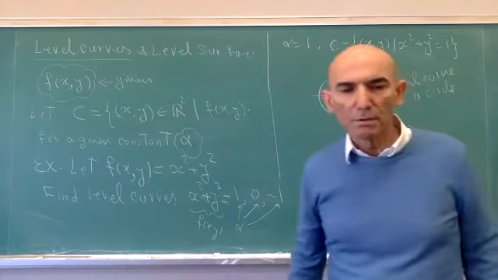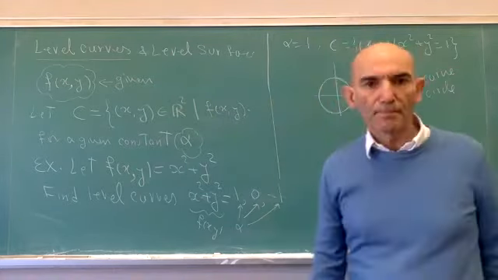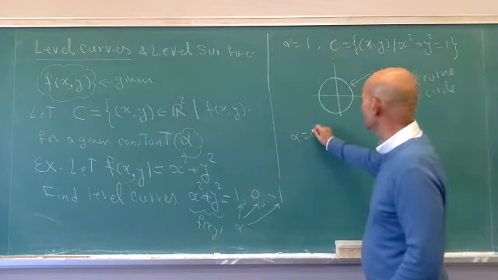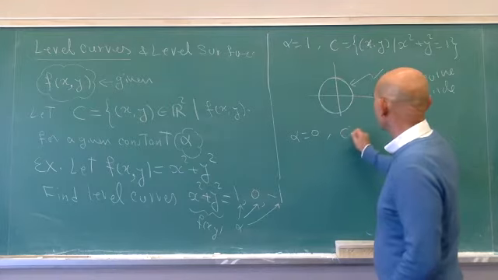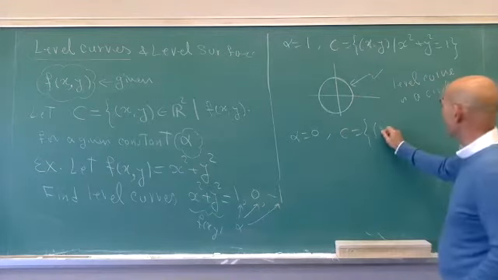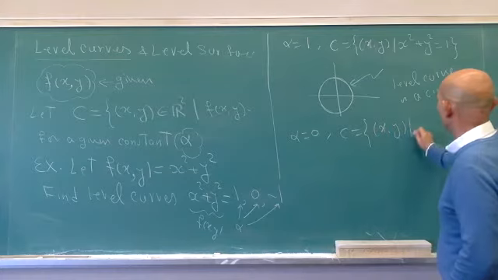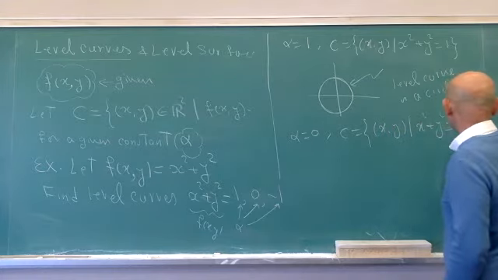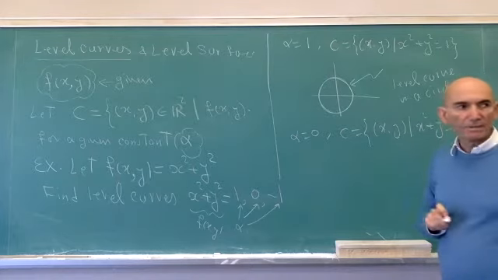Let's see if there is a question in the chat. No. And let's take alpha equal to now 0. So in this case, C is equal to the set of all x and y such that x2 plus y2 equal to 0. So what is the level curve in this case?